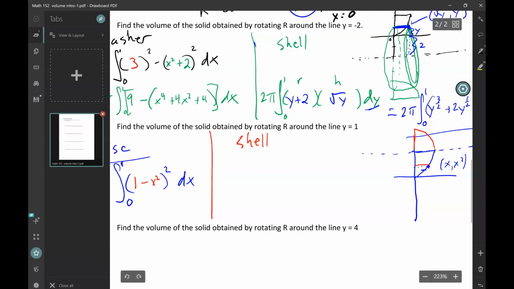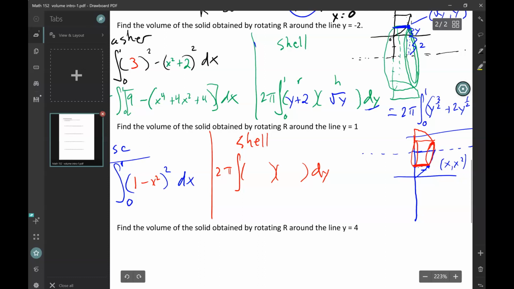So one shell would be like here, with a little bit of thickness. Notice once again the little bit of thickness is in the y direction, so that's going to be dy. So we'll do 2 pi, and we need a radius and a height and dy. So the height is just going to be this line right here.